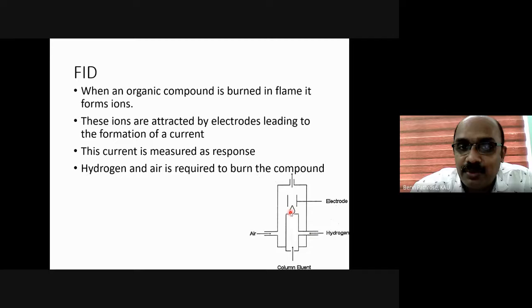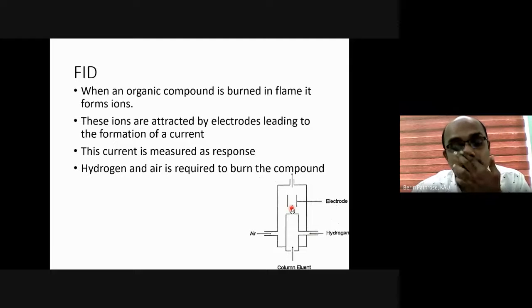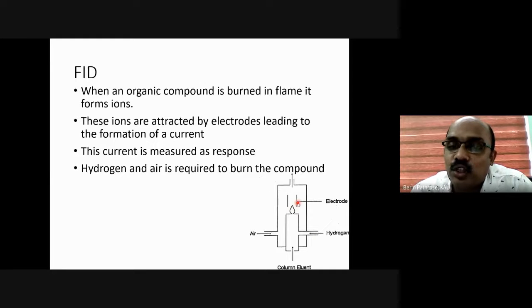So once it is burned, any organic compound gets converted into ions. And here we have electrodes. Once it is converted into ions, positively or negatively charged ions, depending upon the charge, it gets attracted to the electrode, and the electrode will measure a current.